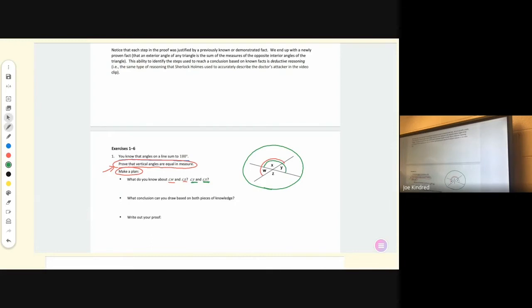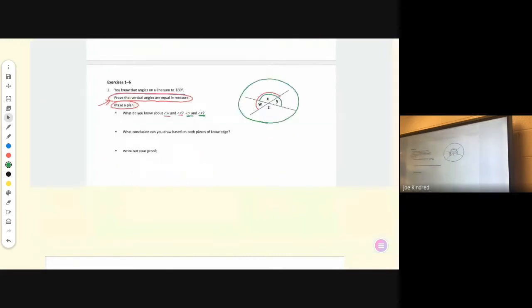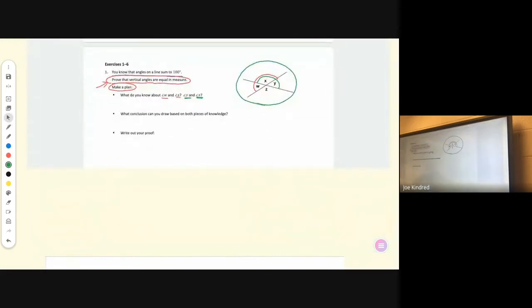And let's continue with the idea that we're going to do a two-column proof. So first, I write my two columns. I'm going to put statements here and my reasons here. Statement number one: I'm just going to abbreviate, angle W plus angle X is equal to 180.